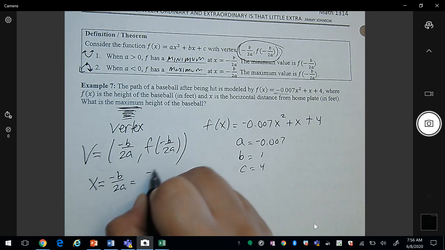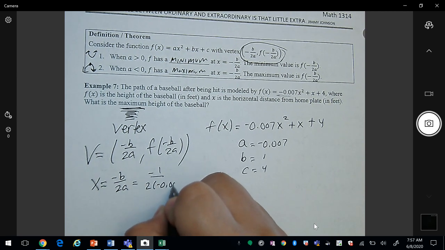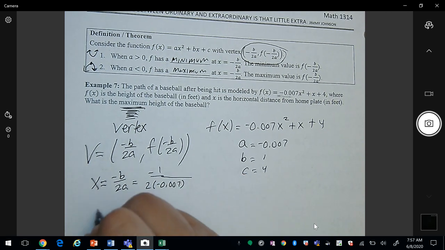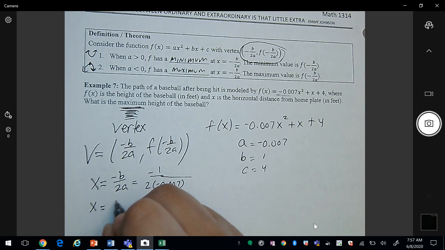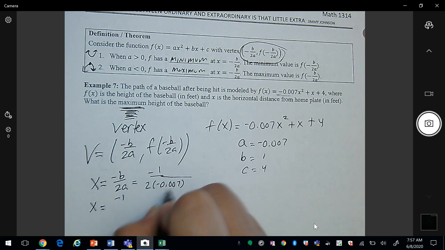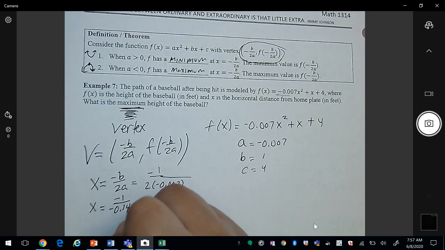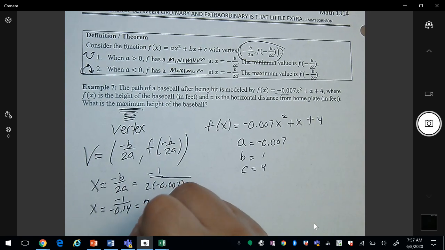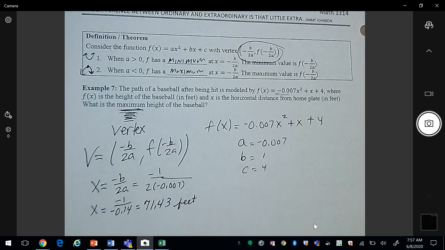So I'm going to plug in my information for b and for a. So we get -1. 2 times this would be -0.14. And if we divide, comes out to 71.43. And this is in feet.